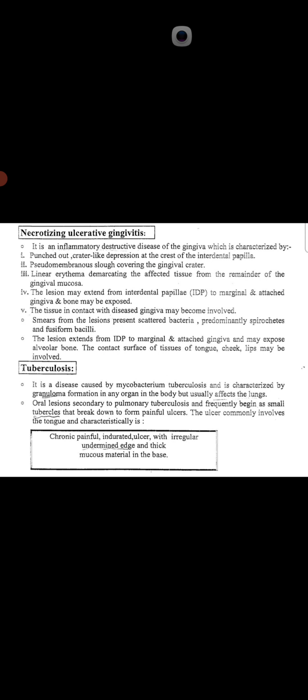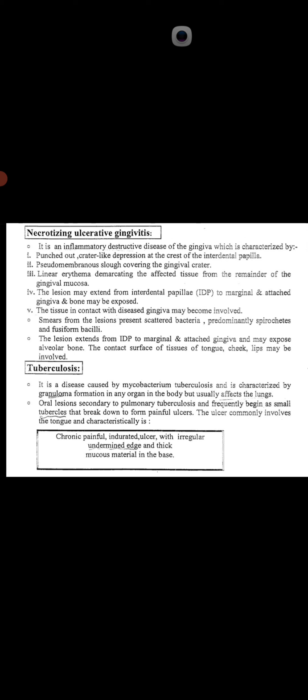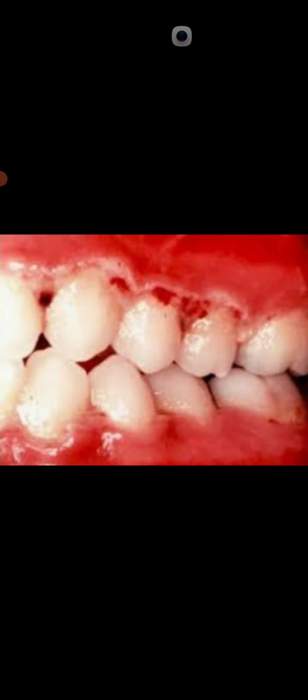Next is the linear erythema demarcating the affected tissue from the remainder of the gingival mucosa. Look at the white sloughing membrane. There is an erythematous red line, which is a demarcation between normal attached gingiva and affected interdental gingiva.